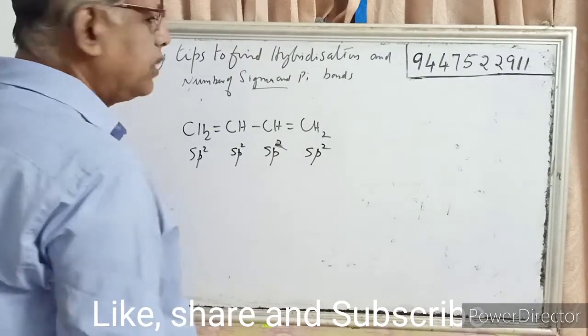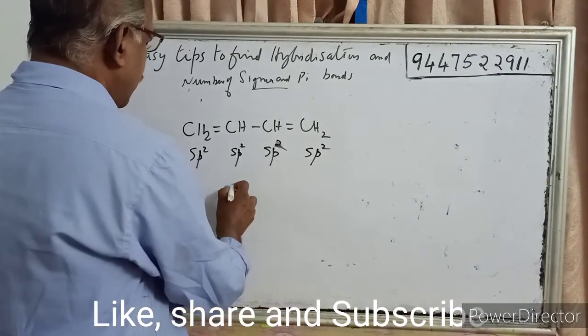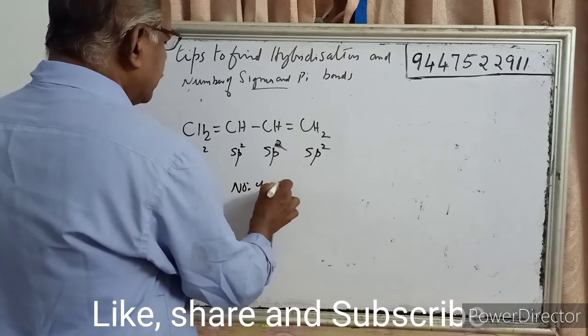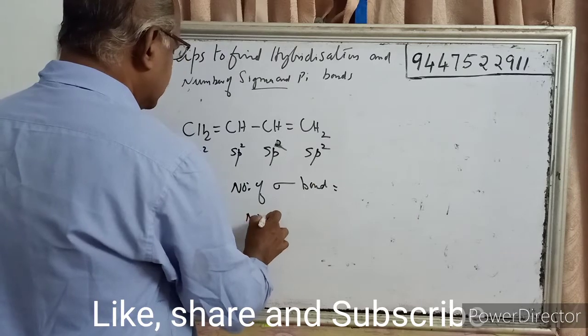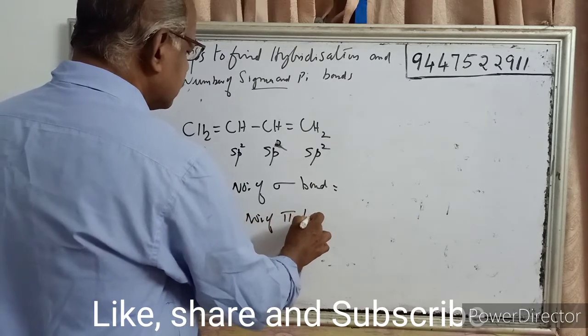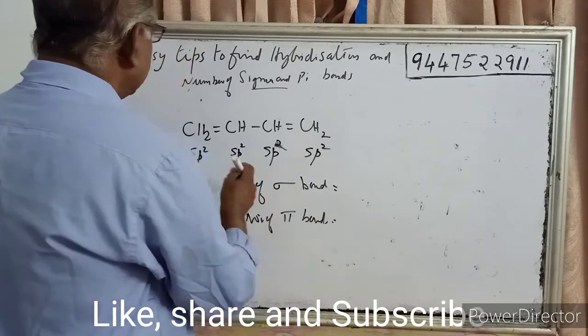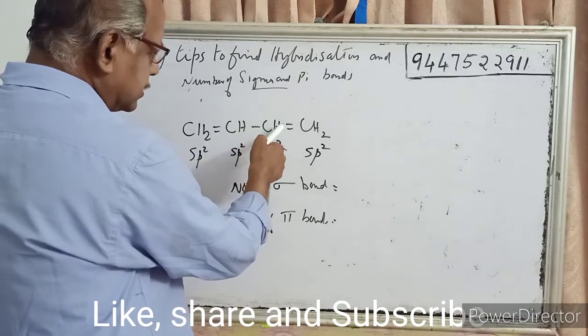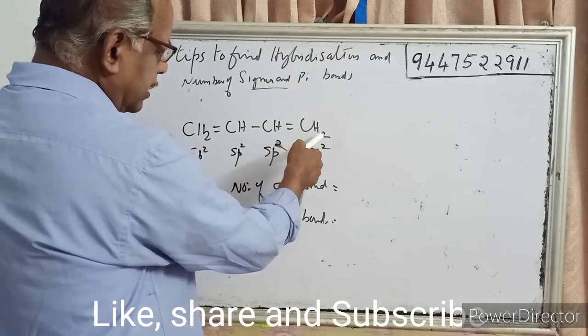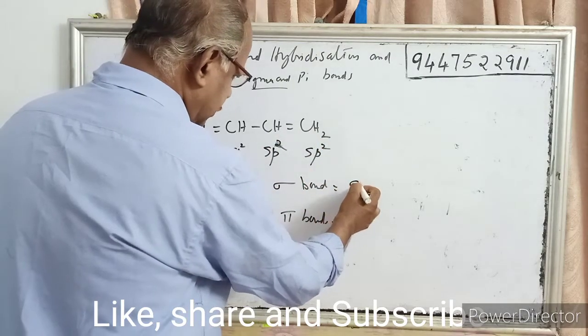Now coming to the number of sigma bonds and the number of pi bonds. Sigma bonds: 2, 3, 4, 5, 6, 7, 9. So 9 sigma bonds are there.